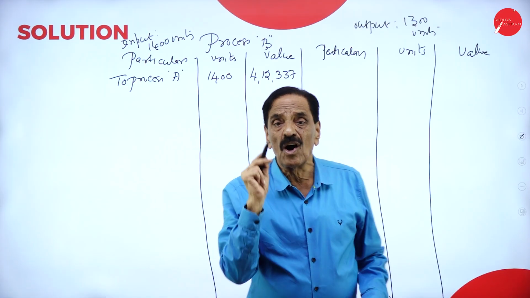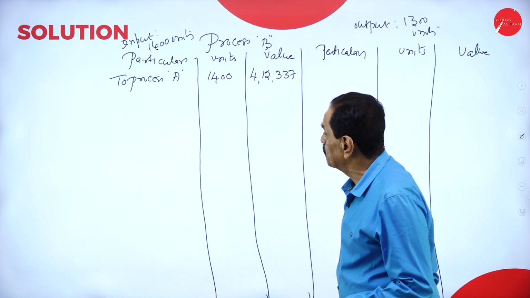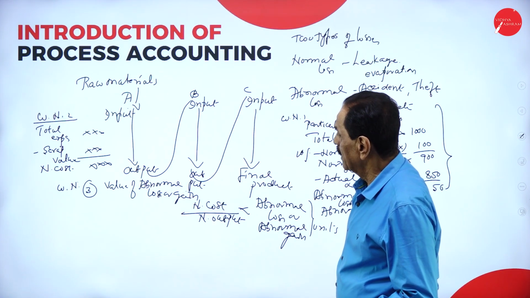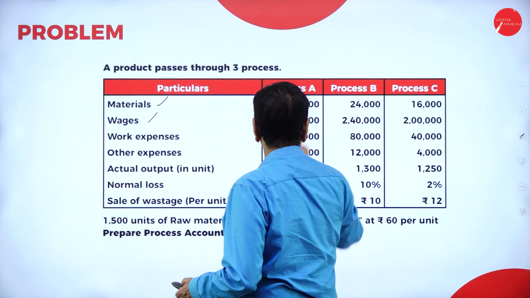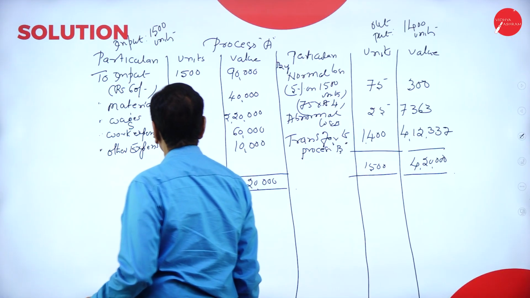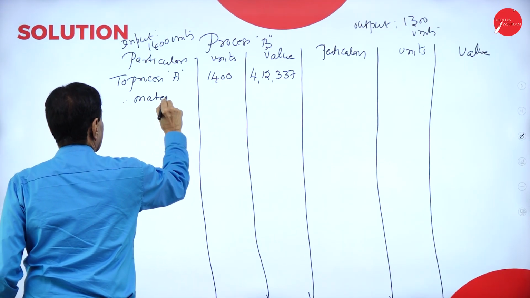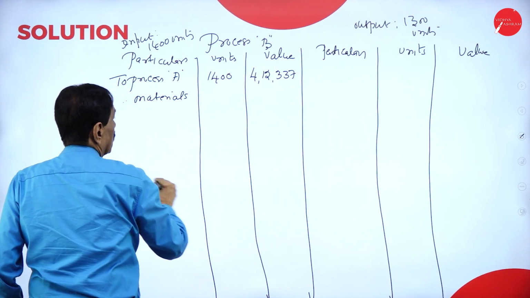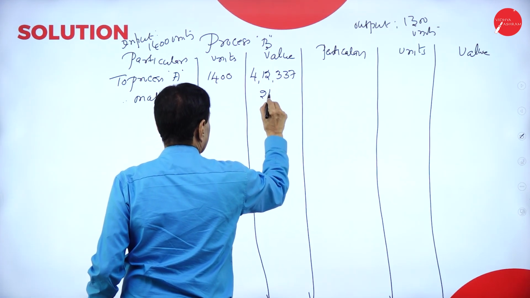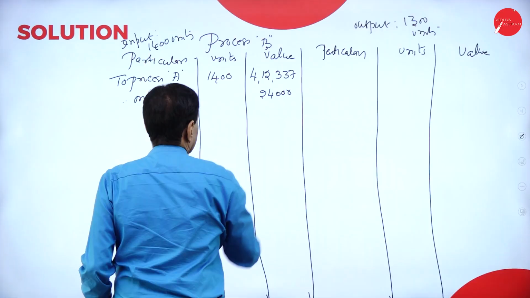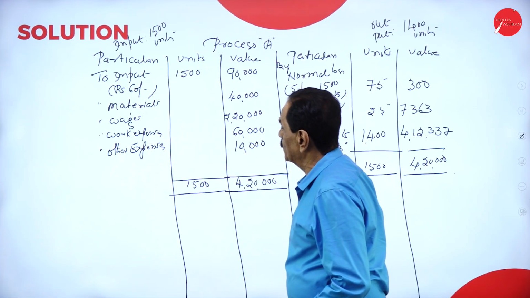Now, you have to put the expenditure of process B. Come back here. Materials, how much? 24,000. Then what's the next expenditure?